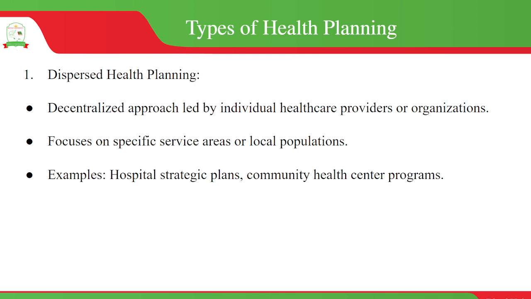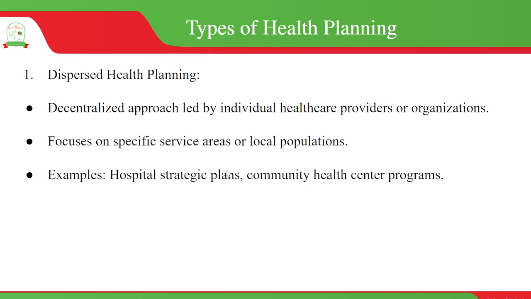Okay, this often can be, let us say, a county health plan, because it is the people on the ground making their plans. It could be a hospital health plan. It could be a health plan for the primary health care center. Okay, these are the people on the ground who are actually making these plans. So that is dispersed planning.